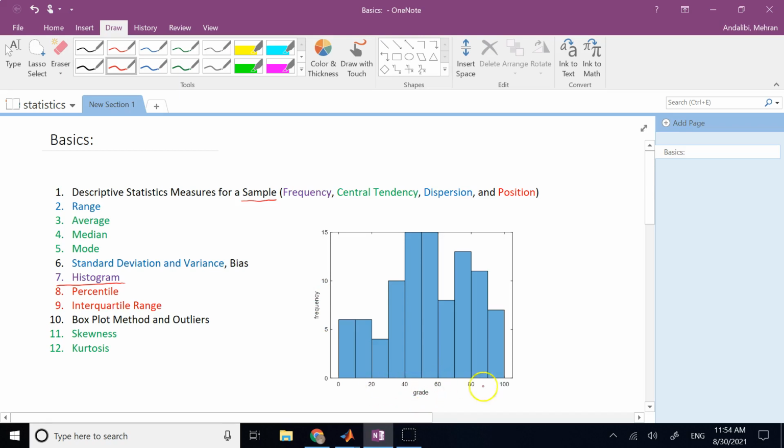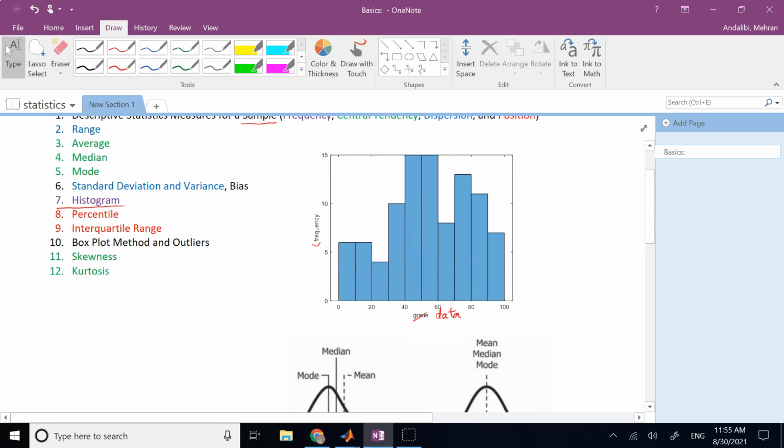So here on the x-axis or horizontal axis, you have the data in general, in this case like a grade of a class, and then on the y-axis, you're going to show how many of that data or that range of data you will have, so you call it the frequency. And this is what we call a histogram. So histogram is like the distribution of the data, right? How many of the data you have in each range.